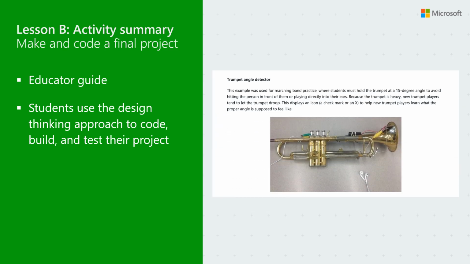This one is a trumpet angle detector that a student designed for marching band practice, where players need to hold their trumpets at a specific angle to avoid hitting the person in front of them. So they attach the microbit to the trumpet, and it displays a check mark or an X to help new trumpet players learn what the proper angle feels like.